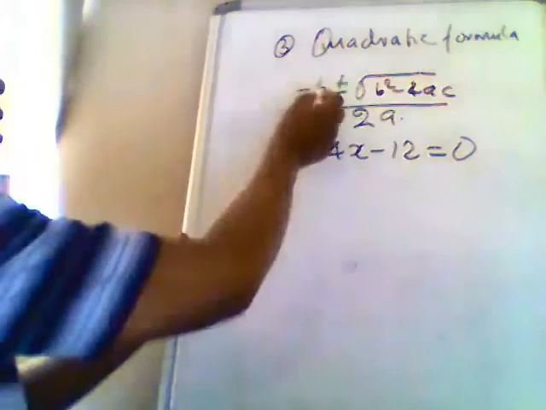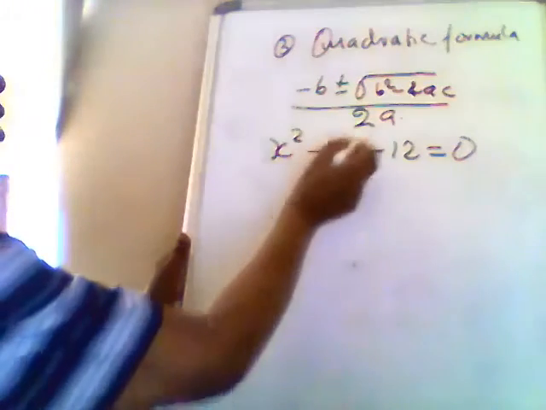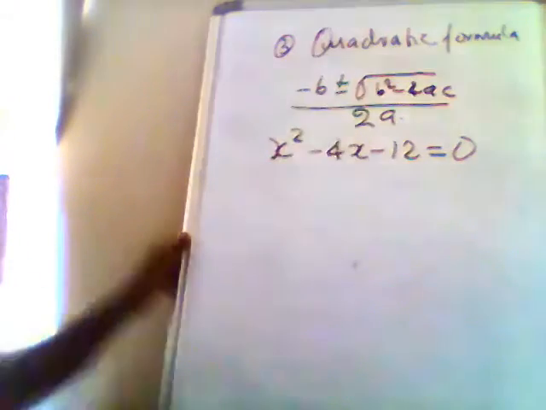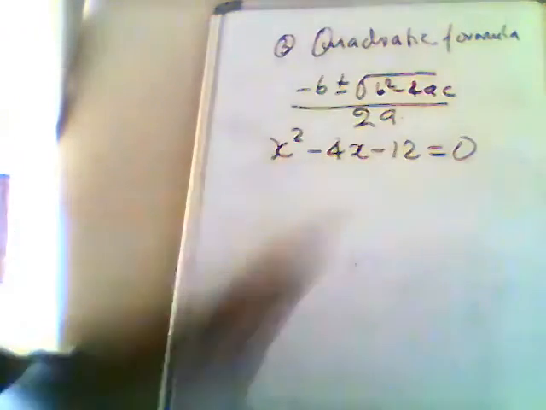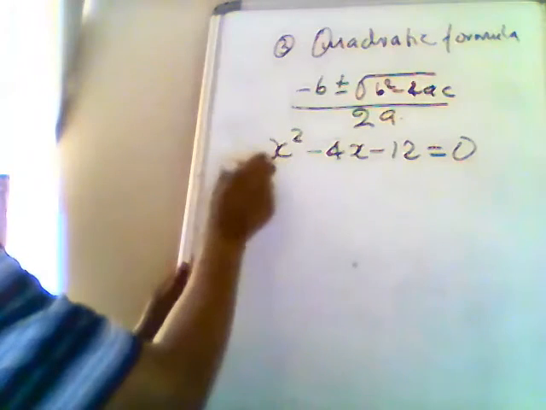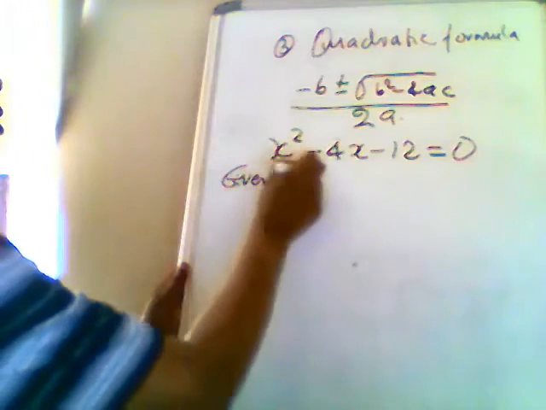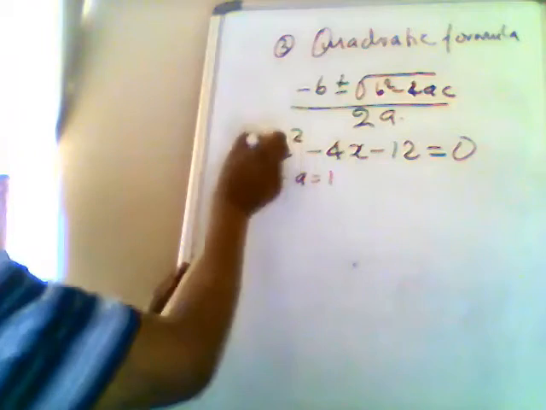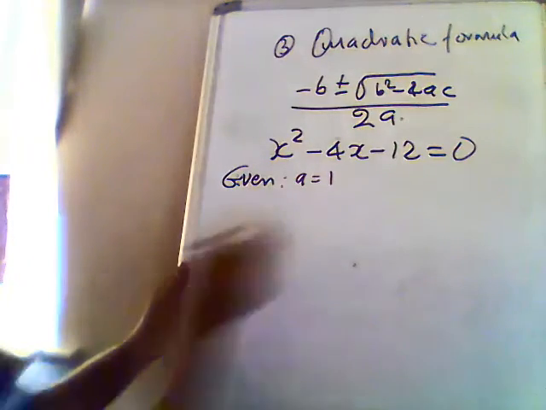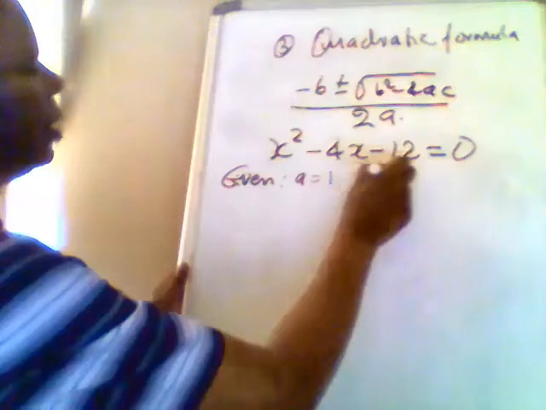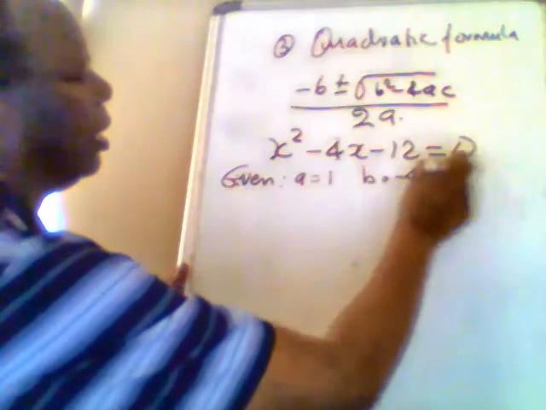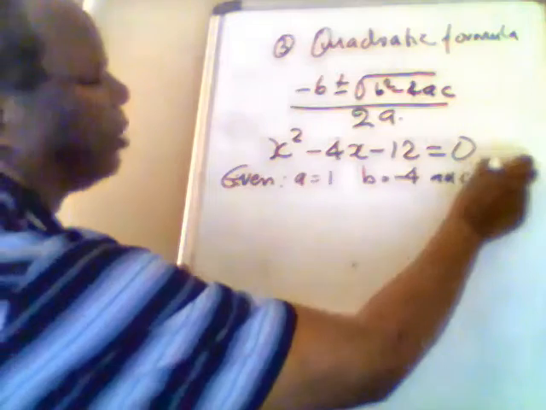And then b is the coefficient of x, which is minus 4, and c is the constant. So given that a equals 1, b equals minus 4, and c equals minus 12.